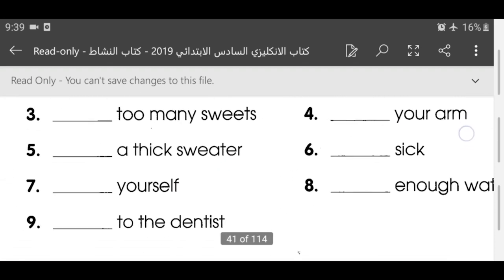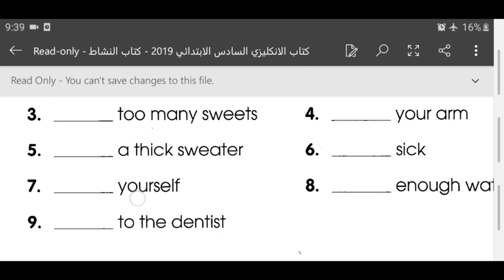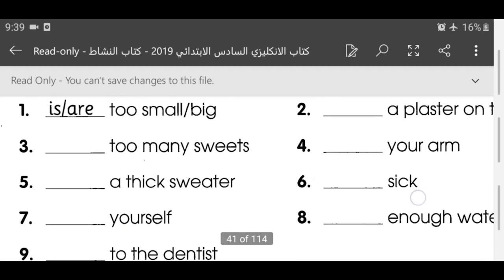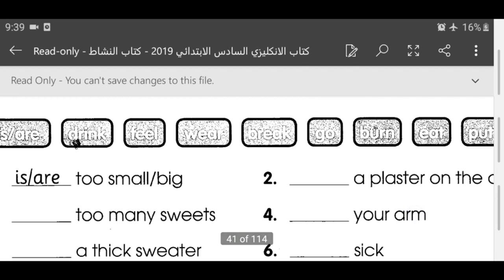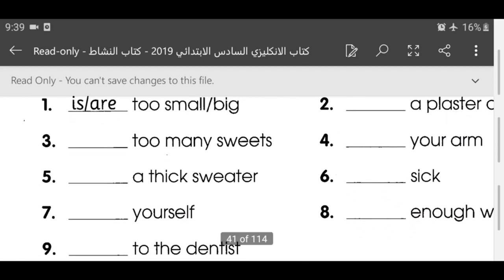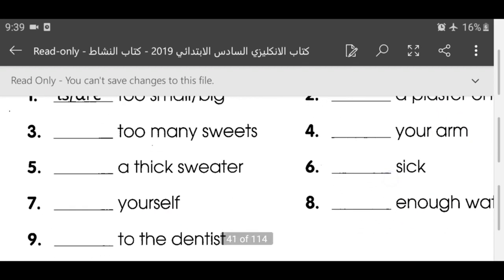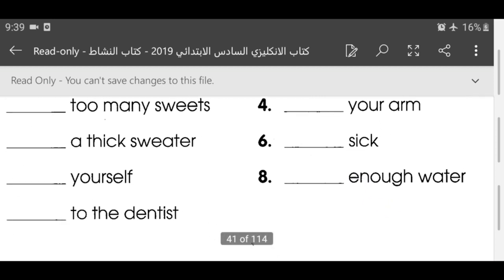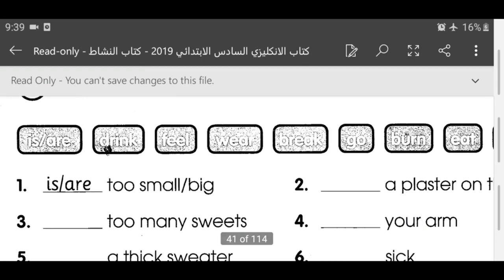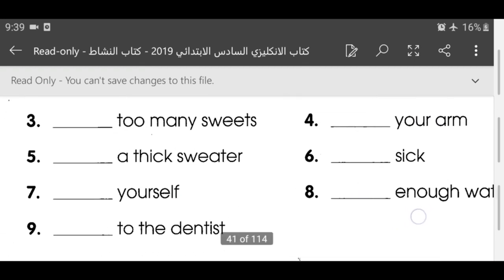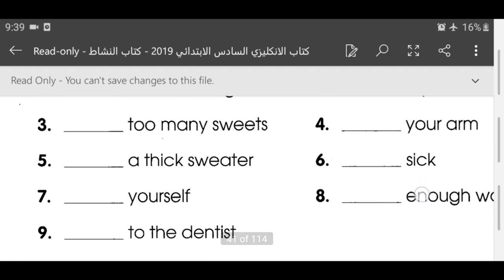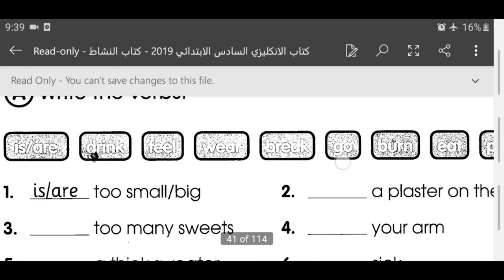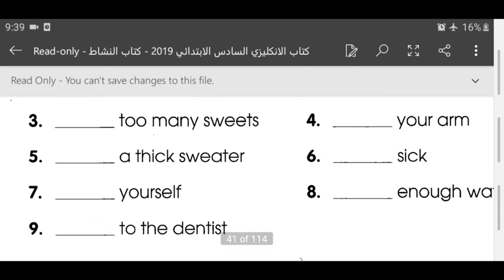Number 7, yourself. Here we have the verb burn, burn yourself. Number 8, enough water. Drink, drink enough water. Number 9, to the dentist. Go, go to the dentist.